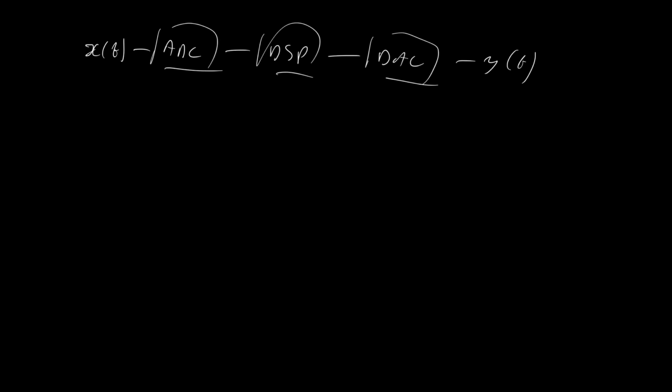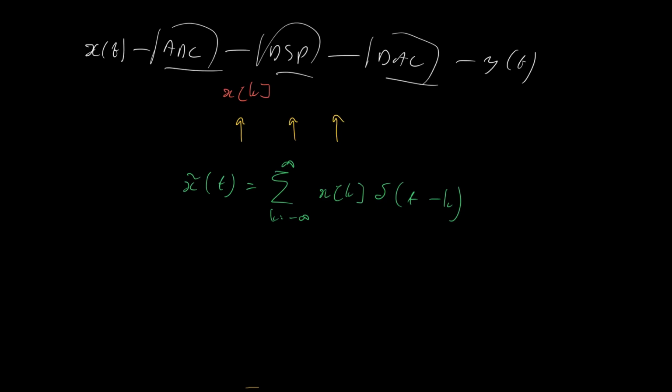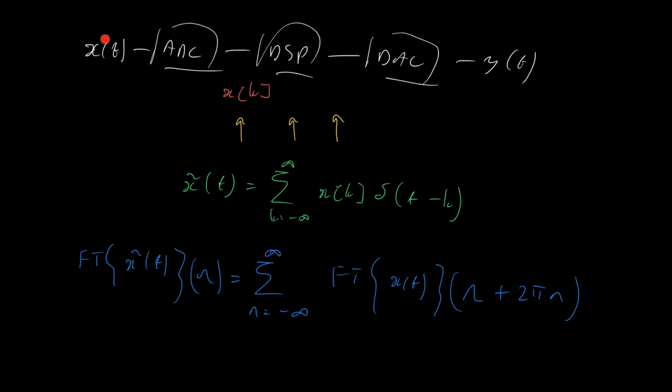Ideally, however we define the frequency domain representation here, it should be the same as the frequency domain representation out here. So the question is, how can we do that? It turns out that the answer is we take our discrete time signal, we make it into a stream of Dirac impulses, and then we can compute its Fourier transform, and we find that it contains the band-limited part of the Fourier transform of x of t, and the only casualty is that it has been periodically extended on either side.